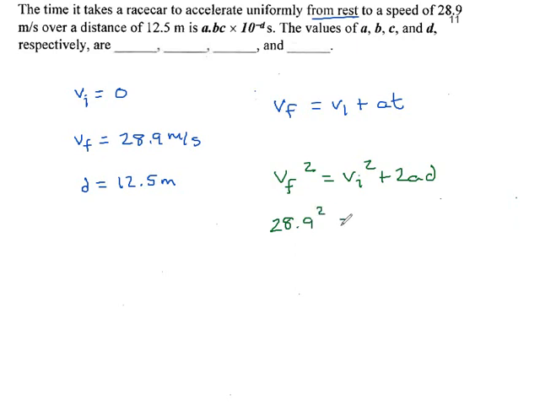28.9 squared equals 0 squared plus 2 times, I don't know what A is. This is horizontal motion, so it's not 9.81. That's only for things that are falling, moving vertically. And that's not what race cars normally do. And our displacement is 12.5. So, calculator comes out. 28.9 squared is 835.21.